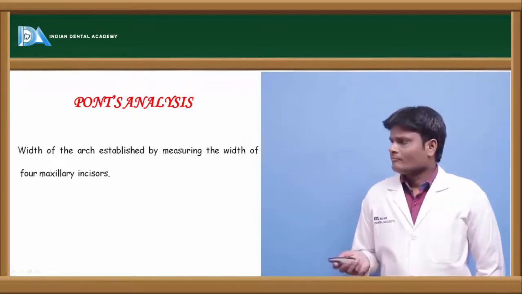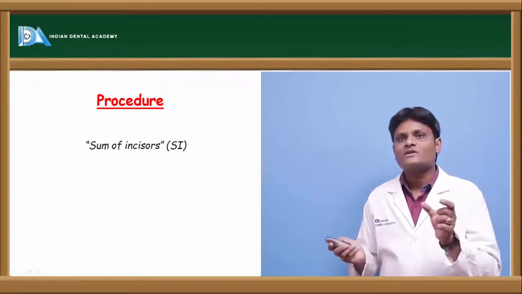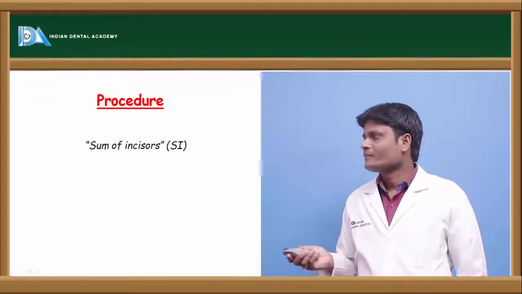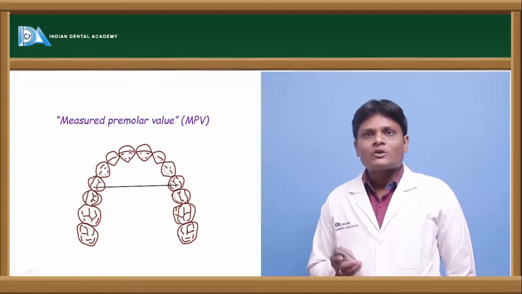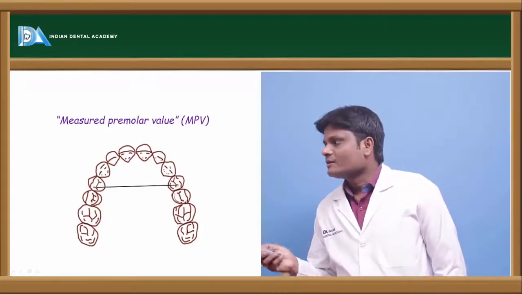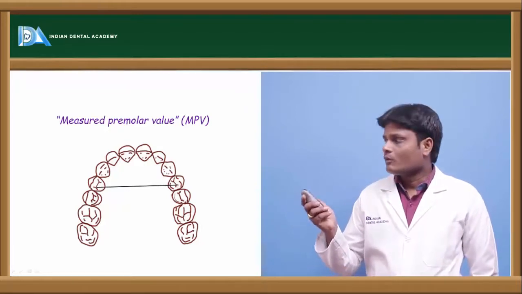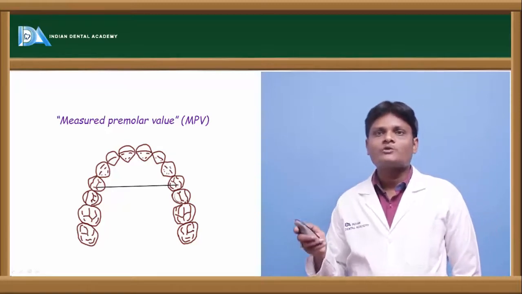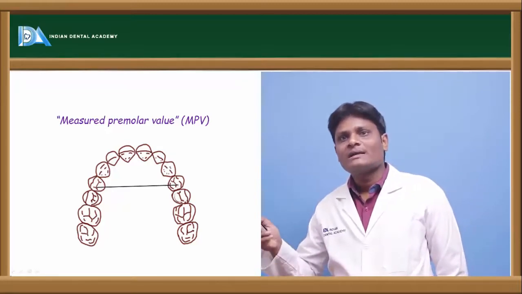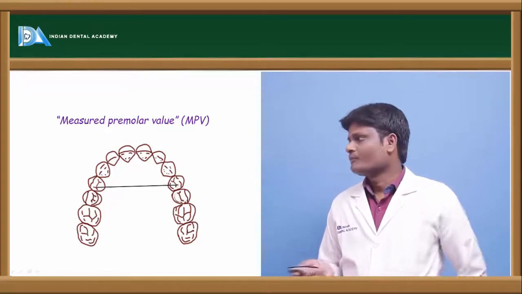First, we measure the sum of the incisors, that is, the mesiodistal widths of the maxillary incisors. Now we measure the width of the arch in the premolar region, from the distal occlusal pit of the first premolar on one side to the distal occlusal pit of the first premolar on the other side. This is called the measured premolar value.